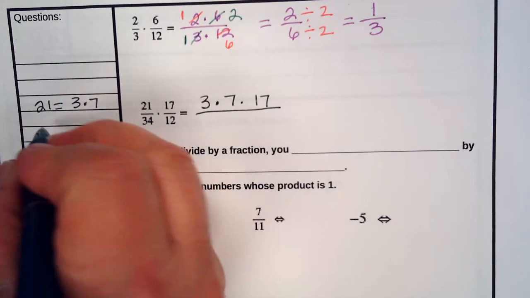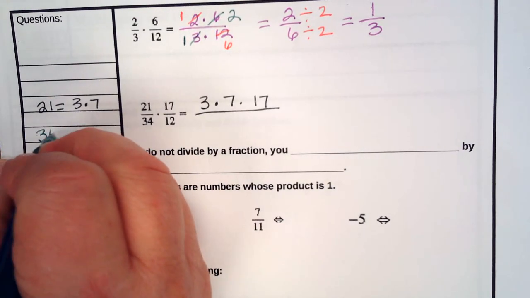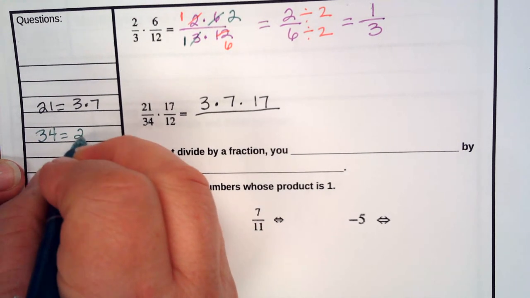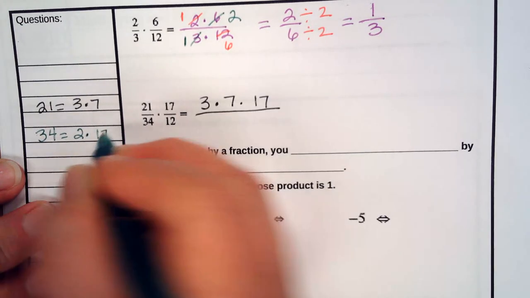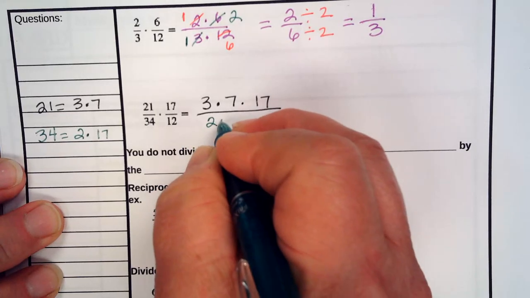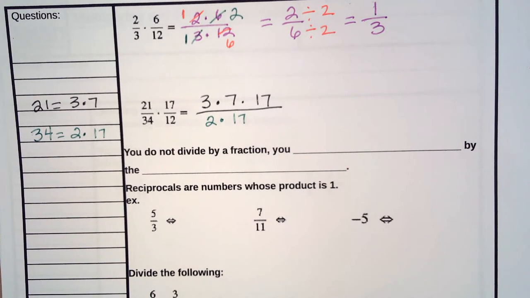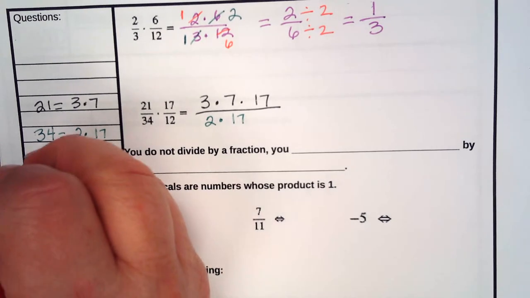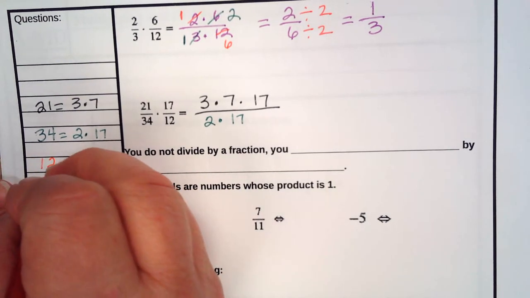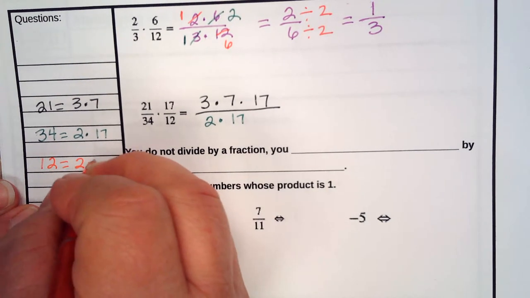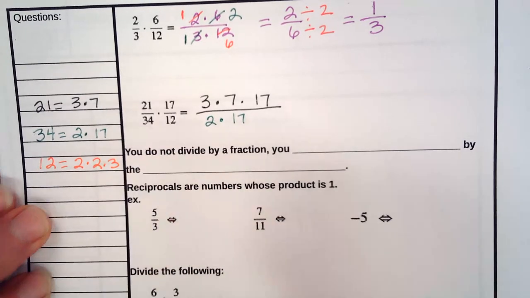The factors of 34 are 2 times 17. The factors of 12 are 2 times 2 times 3.